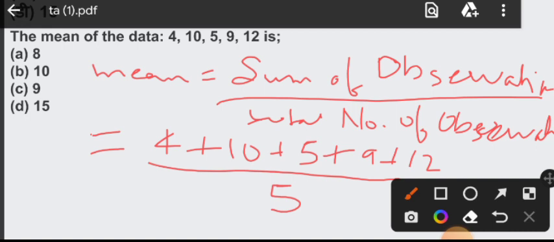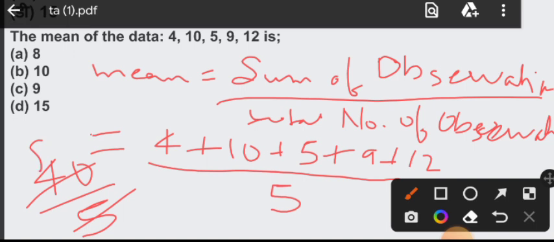When we add it, 9, 12, 21, 21 and 4 is 25, 25 and 5 is 30, 30 plus 10 is 40. So 40 by 5 is 8. So here the mean value is 8. So option A is the right answer.